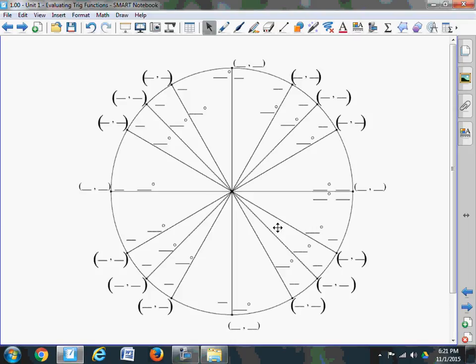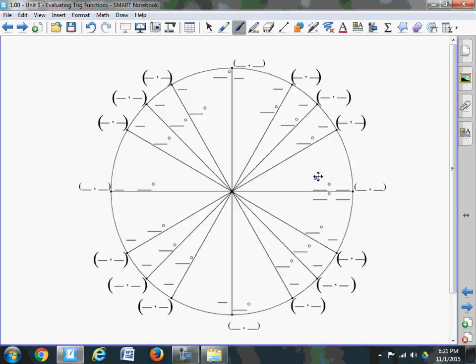So I'm going to go back through filling in all those pieces, as well as the additional step of filling in the radians, as well as the best, the fastest way to get these values in. The more you can use them, the more you can commit them to memory, the faster your evaluating would be in calculus. So first thing is to fill in the degrees.